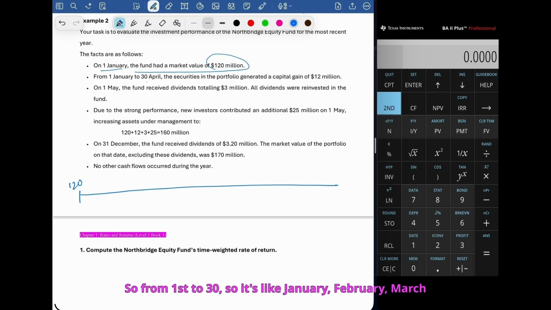So from 1st to 30th, it's January, February, March, and April, 4 months.